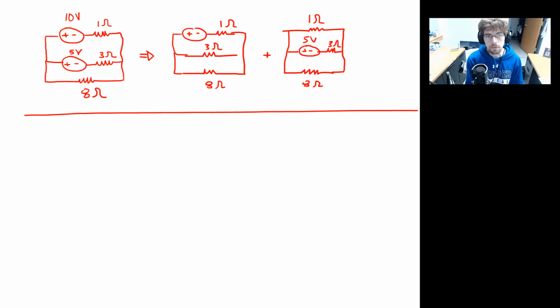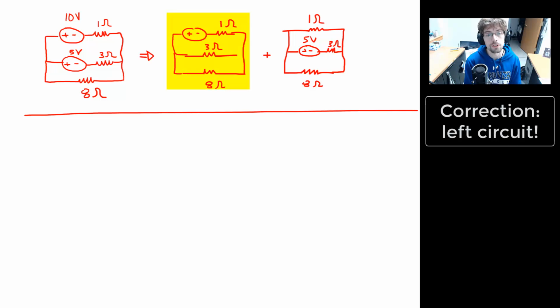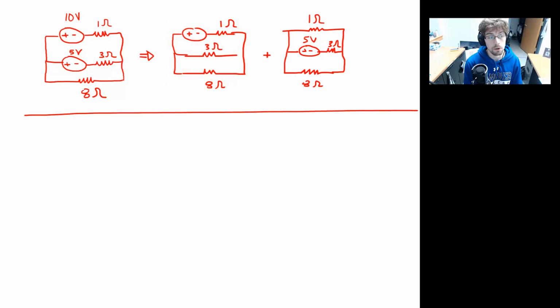Okay, I'll go for this rightmost circuit first. The thing I notice is that my 3 ohm resistor is parallel to the 8 ohm resistor. So why don't we just do combining resistances? This would be something like (1/3 + 1/8) to the -1.